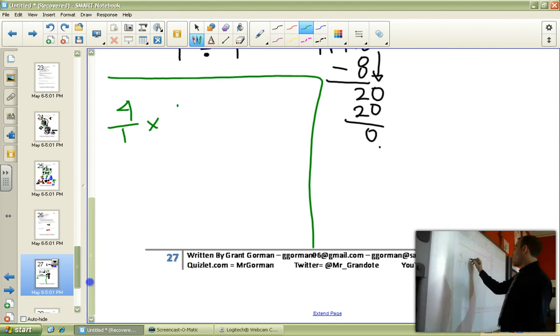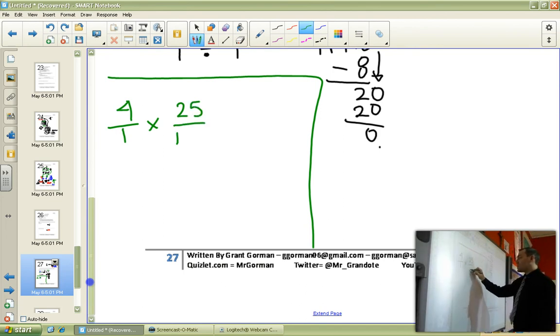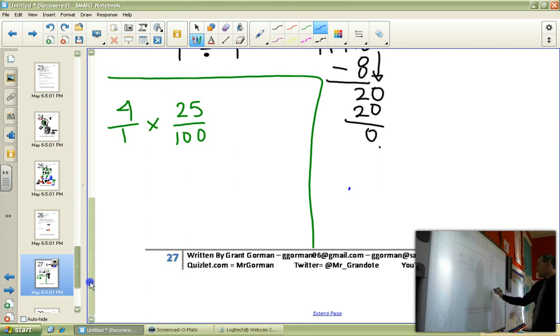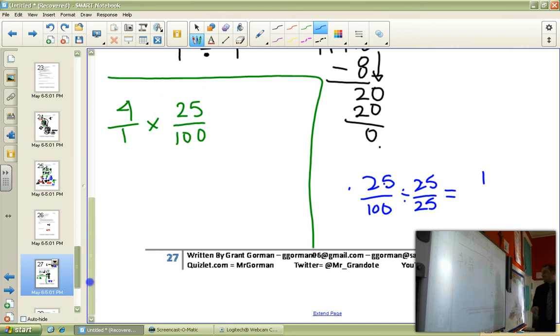Let's write 25 out of 100, 25 hundredths, which we can reduce. We can divide both of those by 25. I'm going to do that in blue down here. So if I divide 25 over 100 by 25 over 25, 25 divided by 25 is going to give me 1, and 100 divided by 25 is going to give me 4.